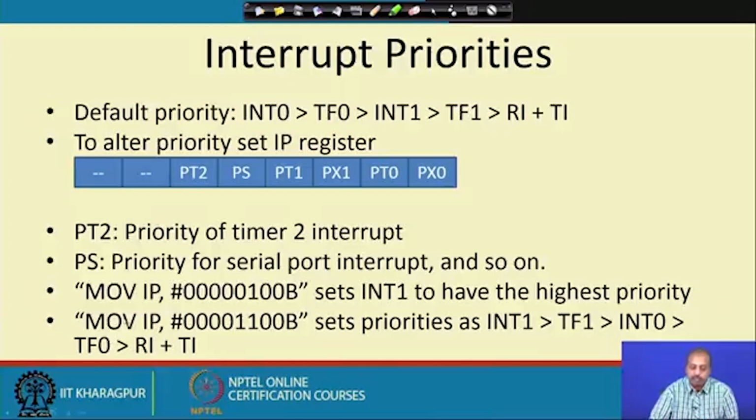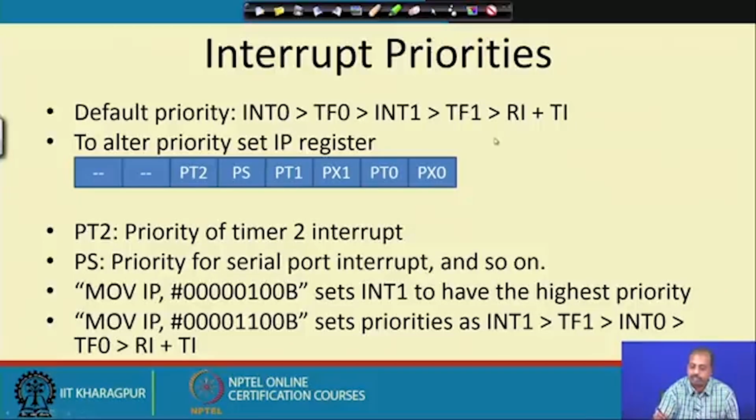For example, if you look at this instruction, MOV IP, #00000100B, the binary pattern, this PX1 bit is 1 and the rest of the bits are 0. In that case INT1 will assume the highest priority. So this order will now change.